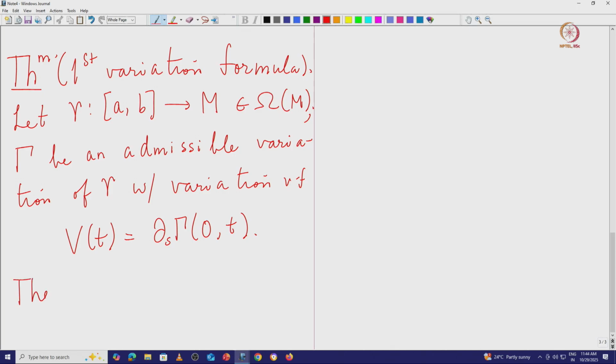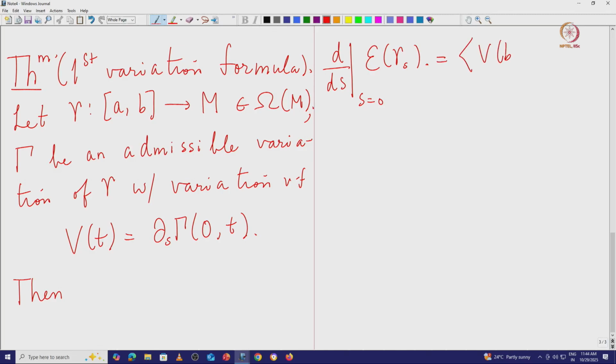Then we have the following formula. If you take the energy functional along these horizontal curves and compute the derivative at 0, this is given by the following.